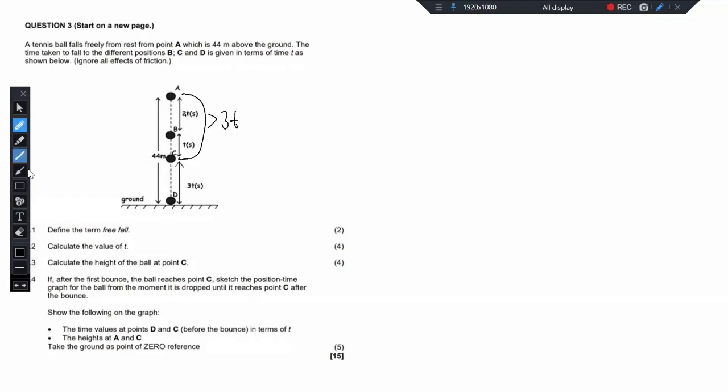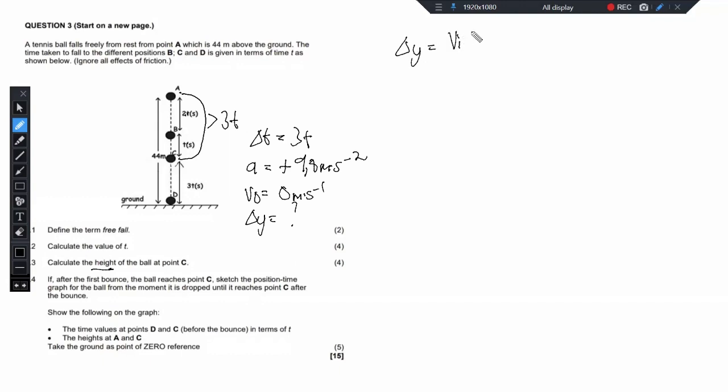So in order to calculate the height there, again, we can collect our data and say our delta t is 3t, and then our acceleration still remains positive 9.8 meter per second square. And then our vi, remember, we're still taking it from point A, so it's still 0 meters per second. And then we are looking for our delta y, right? So again, the same formula, delta y equals vi delta t plus half a delta t square, right?